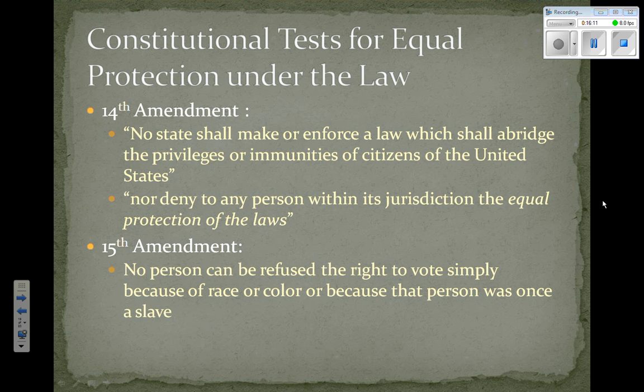The 15th Amendment, I have that in there because I think it's important. It's guaranteeing the right to vote for all people. It was during the Reconstruction era, after the Civil War. And it bases the right to vote by saying that it can't be restricted over issues of race or color.